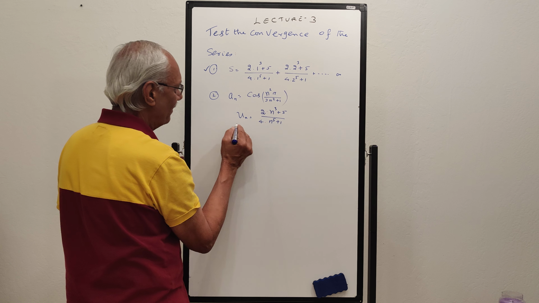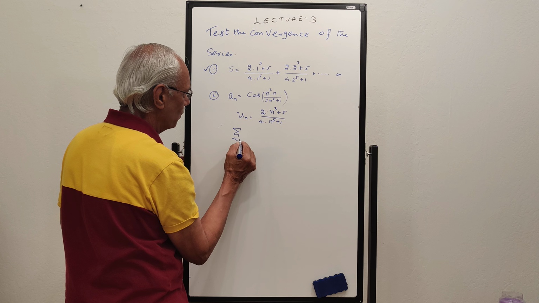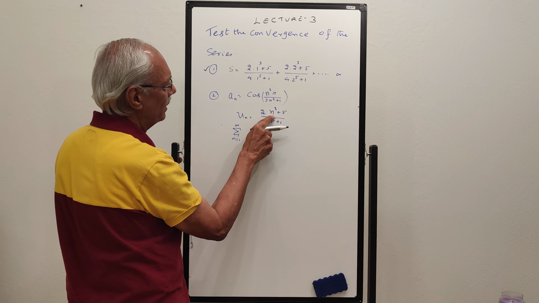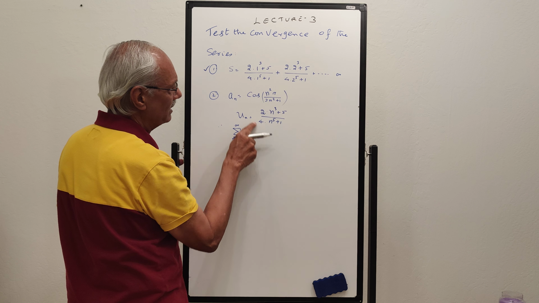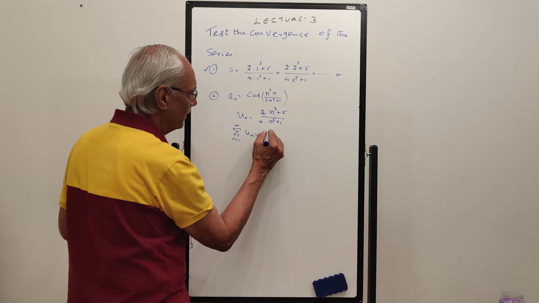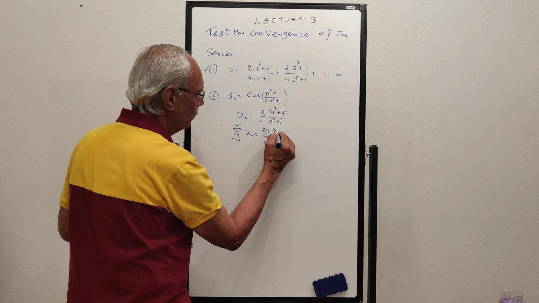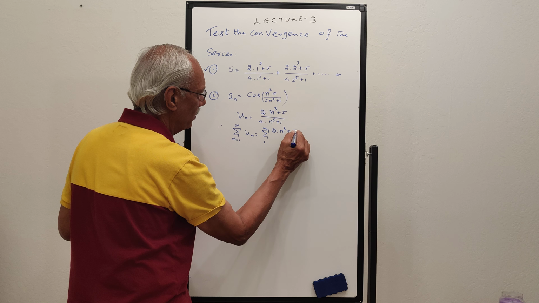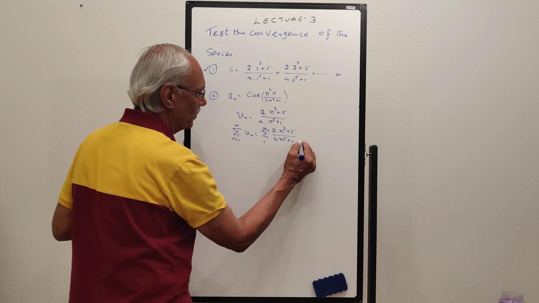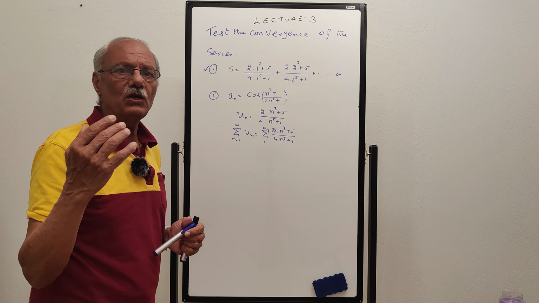So the series is n equals 1 to infinity, and un is 2 into n cube plus 5 divided by 4 into n to the power of 5 plus 1. So I am able to get what my un is.